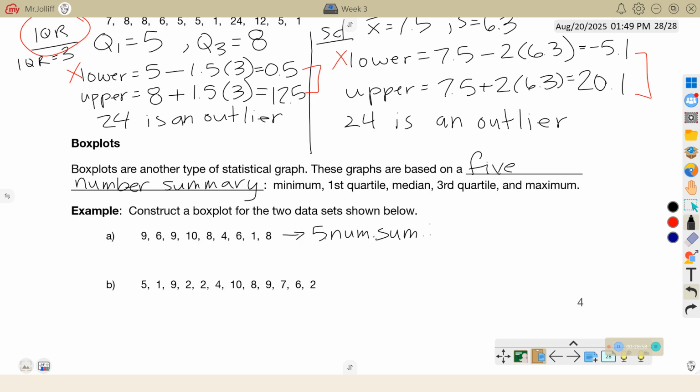I do. And I get a min of 1, a Q1 of 5, a median of 8, a Q3 of 9, and a max of 10. You may want to check. I'm pretty sure I did that correctly.